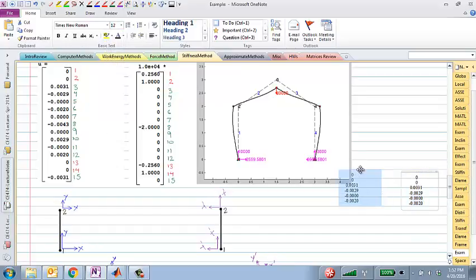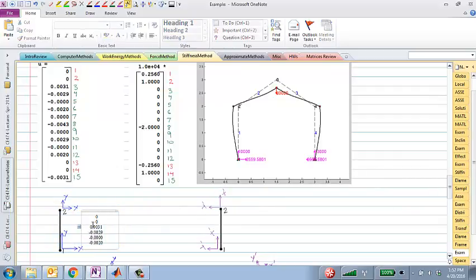So these 6 degrees of freedom are the local displacements for this first element in the global coordinate system.